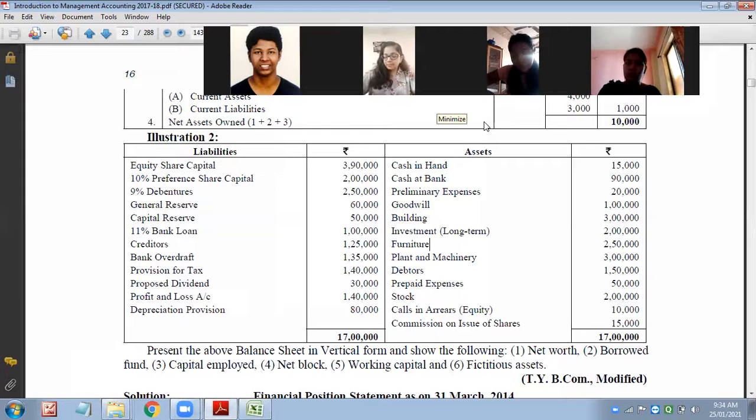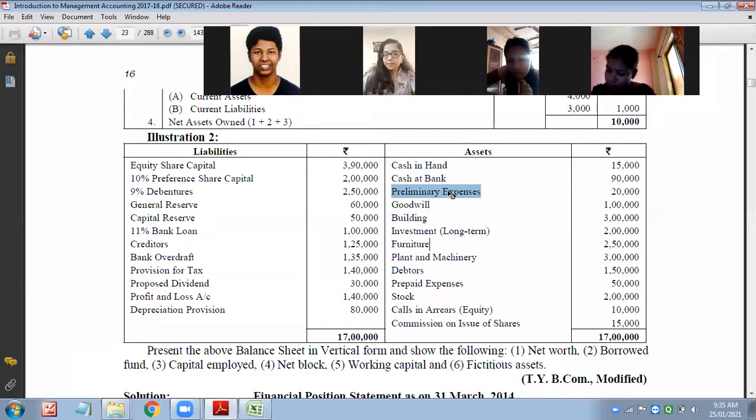Okay. So now here, Gaurav, I was talking about there are few assets which are shown on the asset side, which are not actually assets, like preliminary expenses. It is not an asset. It is not like building or furniture. These are debit balances which have been incurred, which are to be written off over a period of time. Okay.